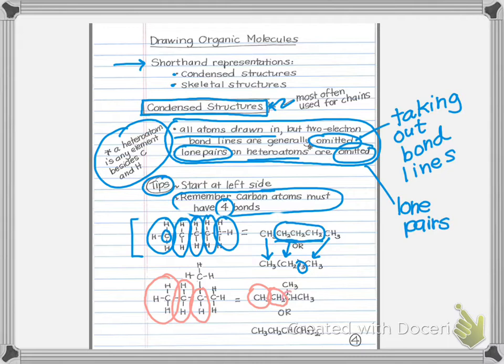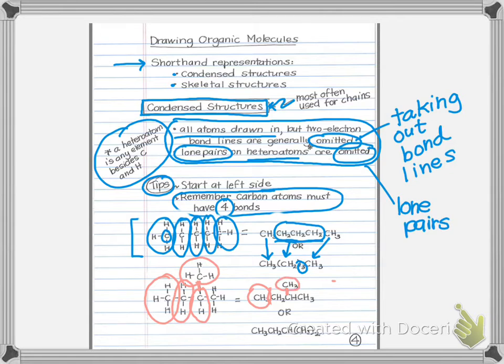It has an H. And since the CH3 is kind of another big thing, sometimes you can keep one of the bond lines. Let me erase this so you can see. So see, in this example, I kept the bond line right there because it made it a little easier to see, and then I condensed the CH3.